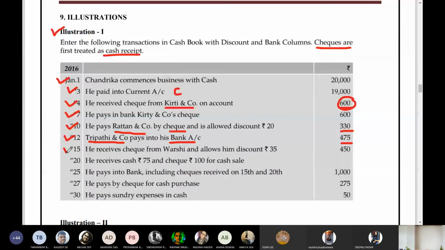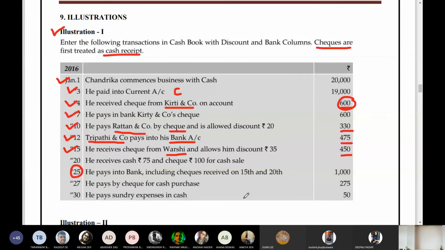Okay, on 15th, he received a check from Washi, 450. And just remember this, whenever you see that you have received a check, check for entries in the latter part too. Now see on 25th what they said.